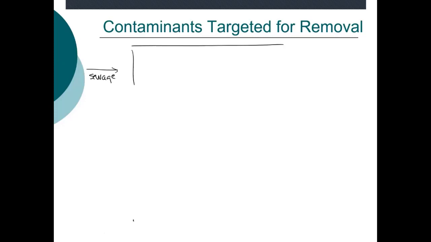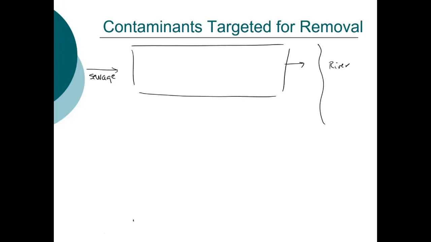We have some sort of treatment process. You saw the outfall, and here's our receiving body of water. From an engineering perspective, what do we want to remove in the system?